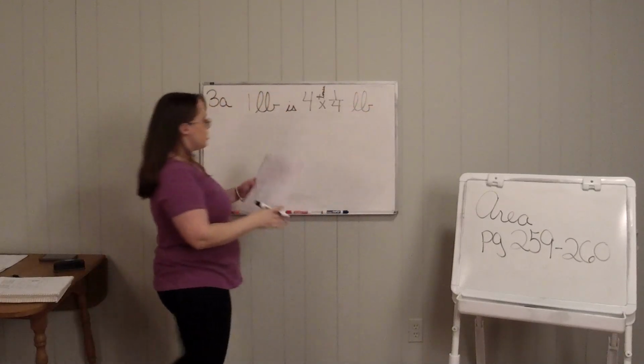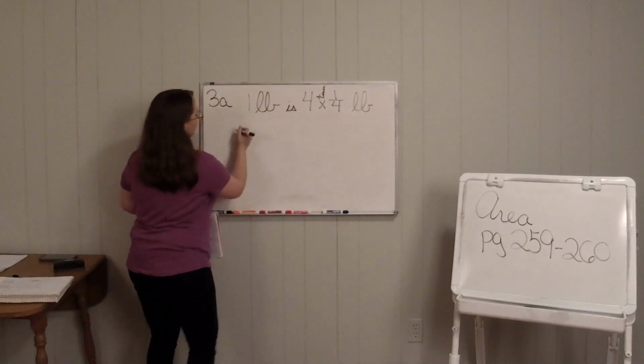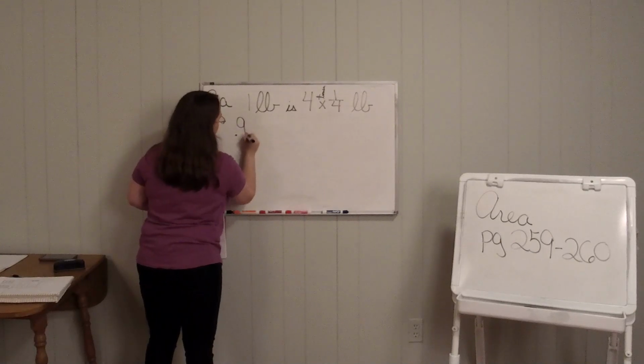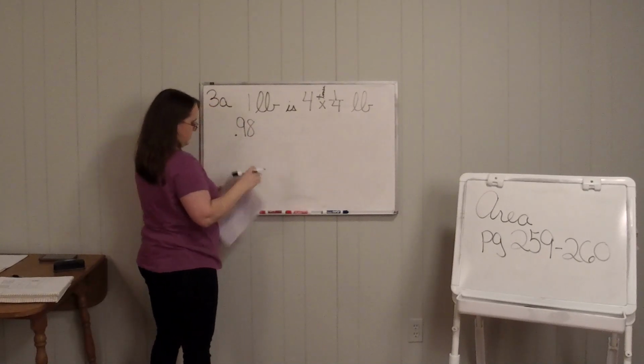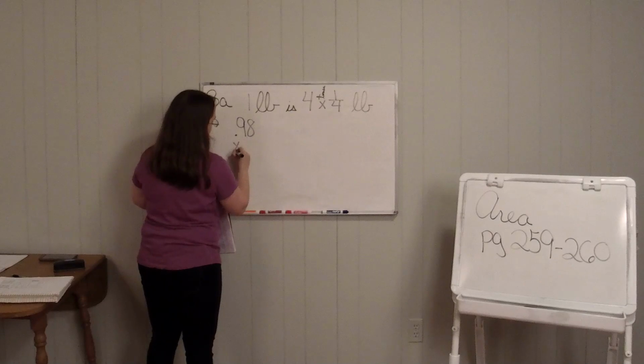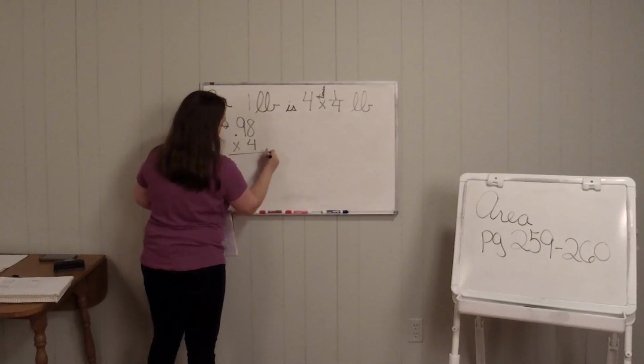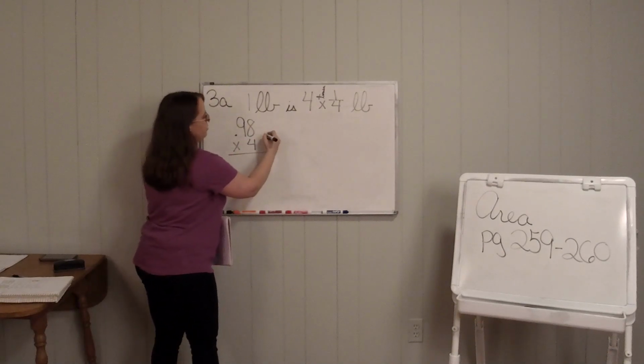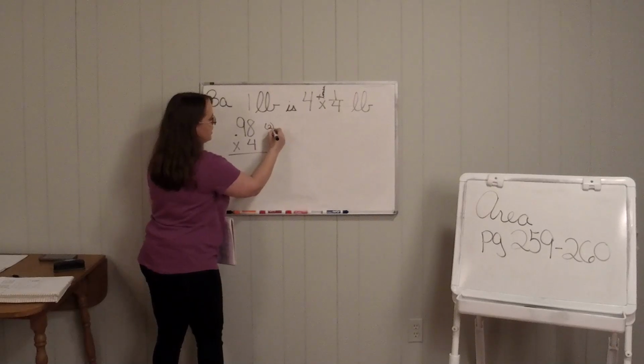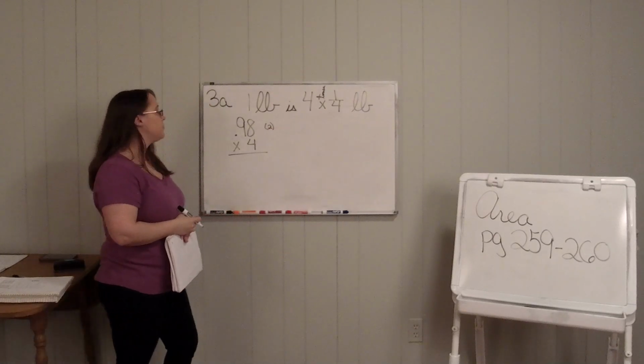So all you would do is take your 98 cents and you're going to times it by 4. There are two numbers behind the decimals. That's how many is going to go in your answer.